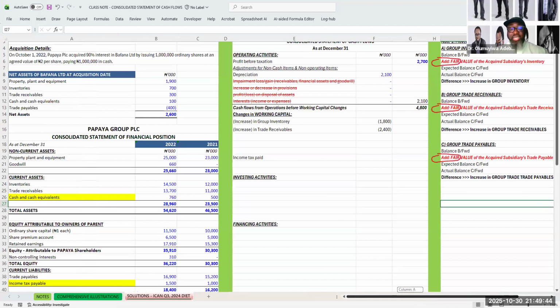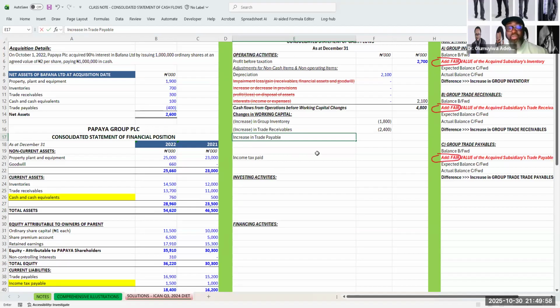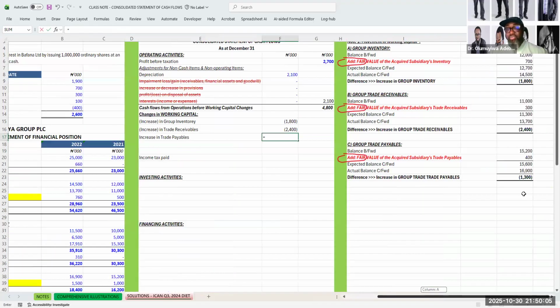Therefore, in that case, it's an inflow, increase in trade payable is what? An inflow.